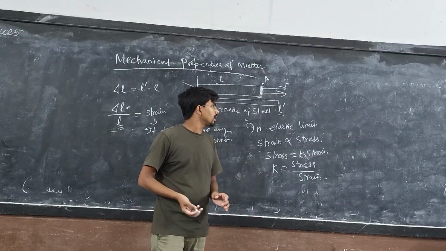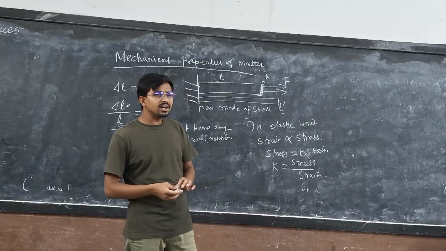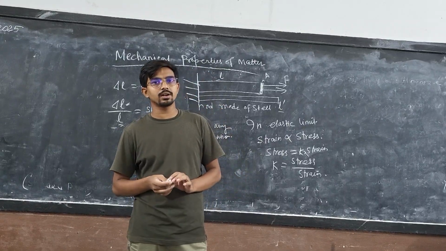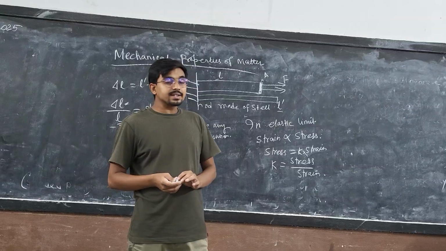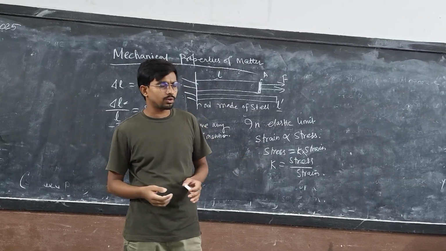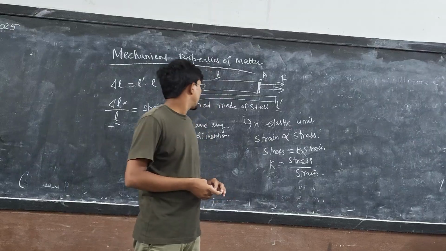So in a clear way, whenever we apply any stress on any object, it results in a strain. There are different types of strains, but I'm not going to talk about that today.